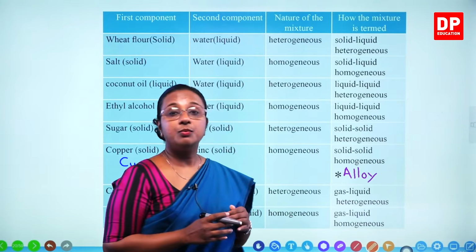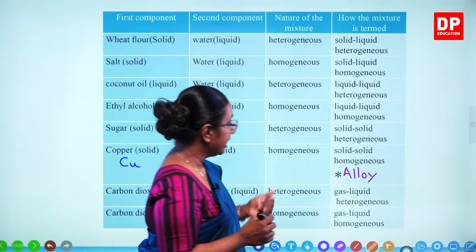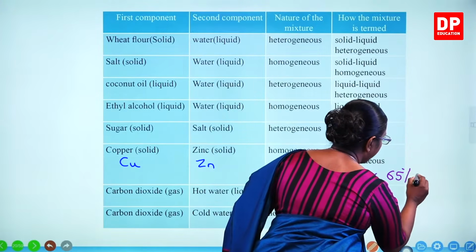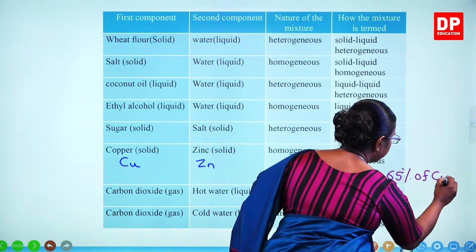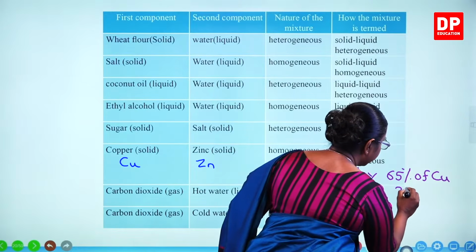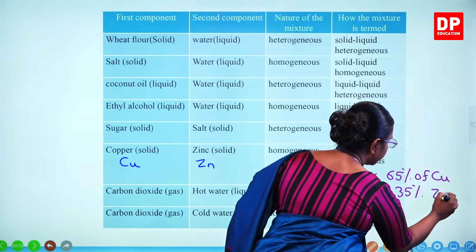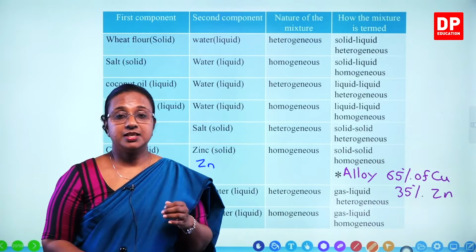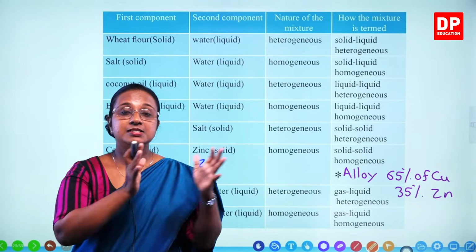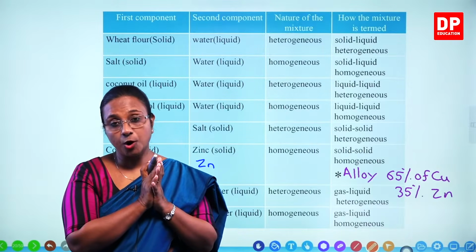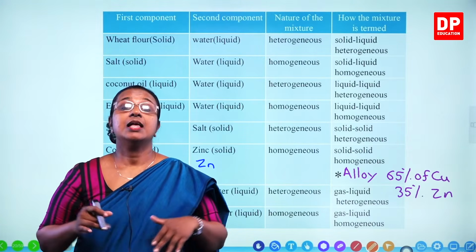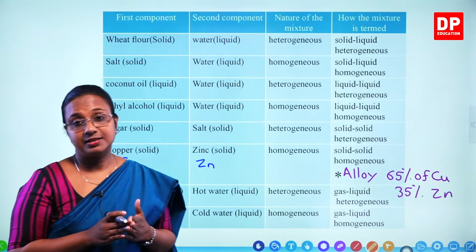So here what they do is they take 65% of copper and mix it with 35% of zinc. If it's 100 grams, 65 grams have to be copper and 35 grams have to be zinc. They melt the two metals.